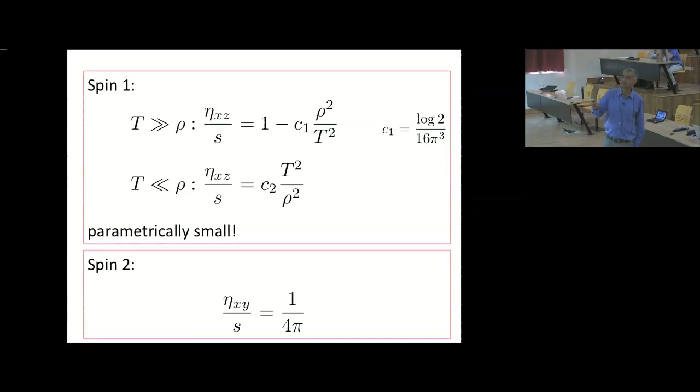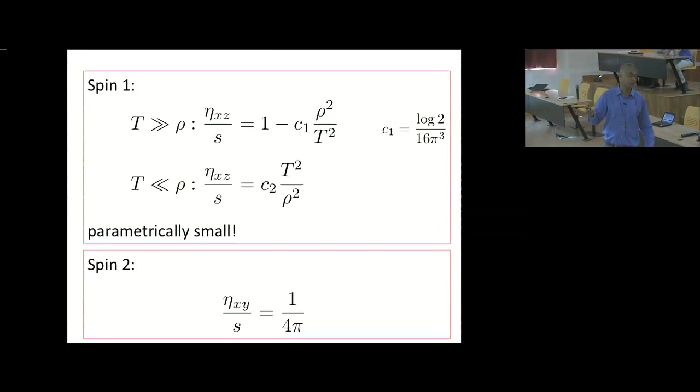Eta over s is 1 over 4 pi minus some positive constant times rho squared over T squared. Okay, so already you start seeing the effects of the viscosity becoming smaller than 1 over 4 pi to second order in this driving force. To first order in the driving force, what happens simply is you have the isotropic fluid, which is driven by a driving force and it responds to it in that way.